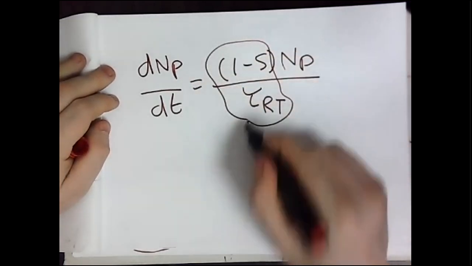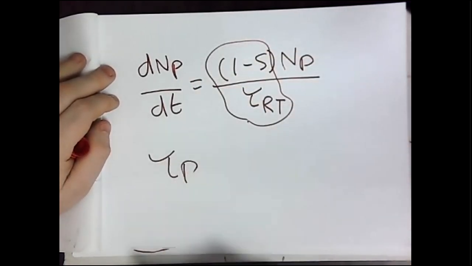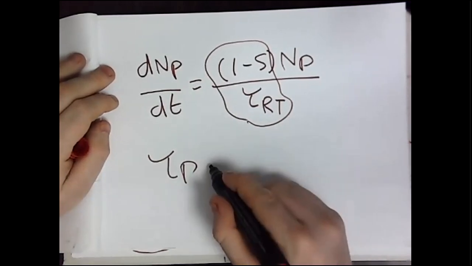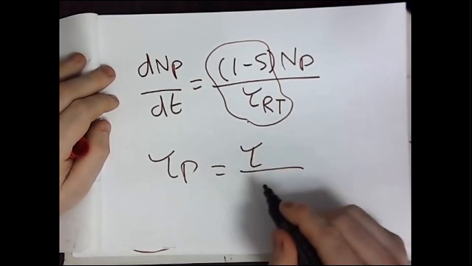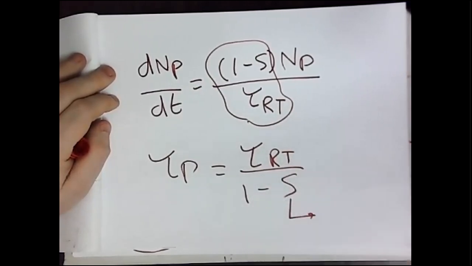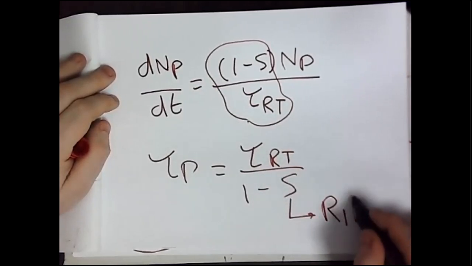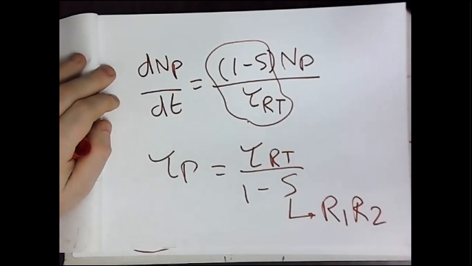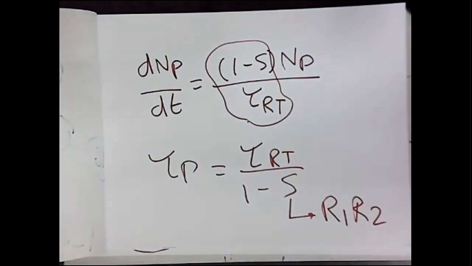Accordingly, we will define the photon lifetime Tp, or tau p, as tau round trip over 1 minus S, where S is the surviving factor equal to R1 times R2. So this is the photon lifetime.